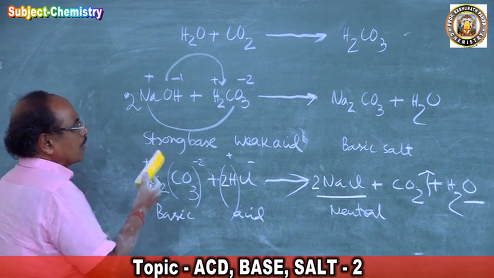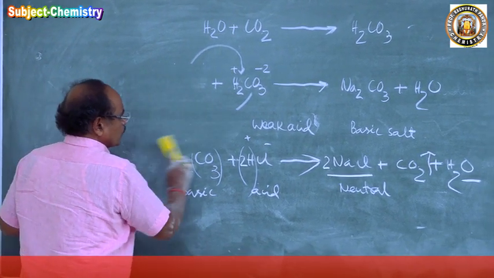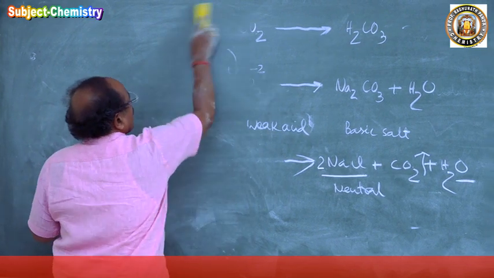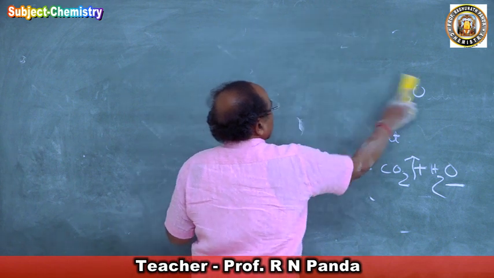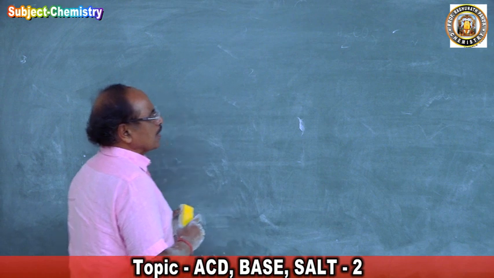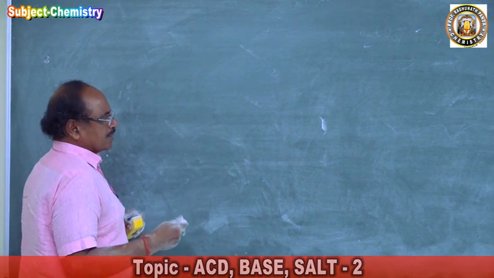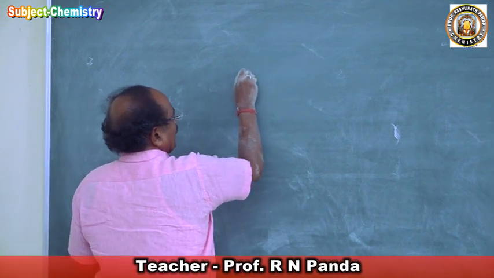Now we will take an example of an acidic salt, because these are the reactions we will come to. These types of compounds will come up much in chemical reactions, and if we know their properties, it will be very easy for us to write the balanced chemical equation. Suppose I take an example of copper hydroxide.